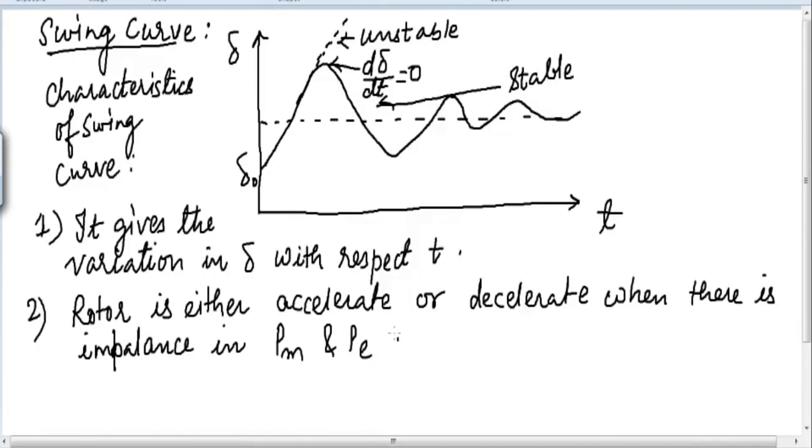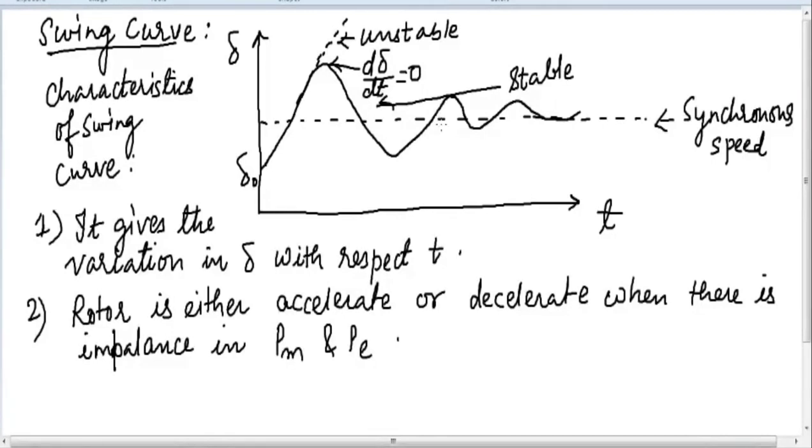Due to this, the rotor may run above or below the synchronous speed. So this dashed line, you can see, is the synchronous speed. Our rotor may go above or come below this synchronous speed, which indicates system instability.